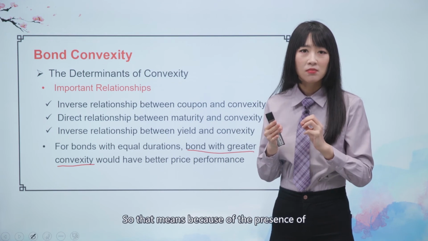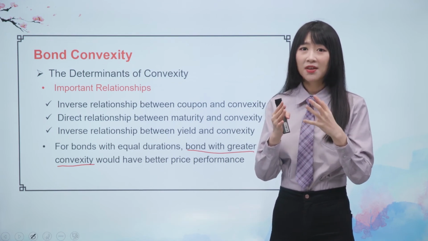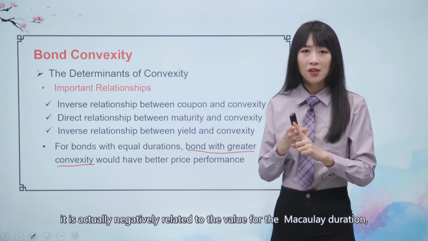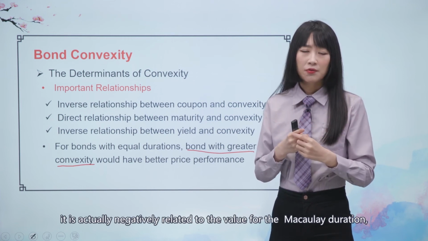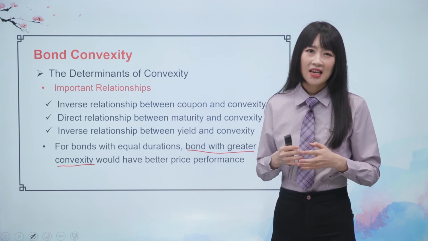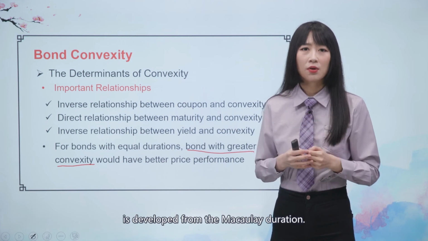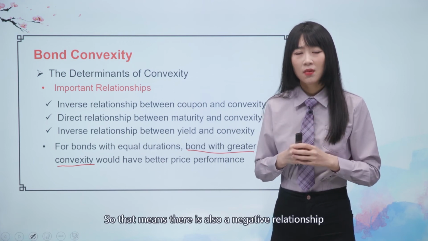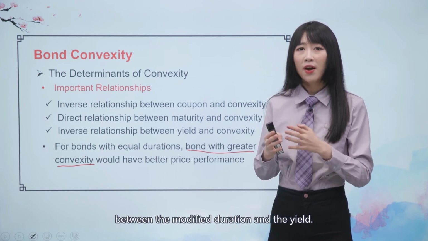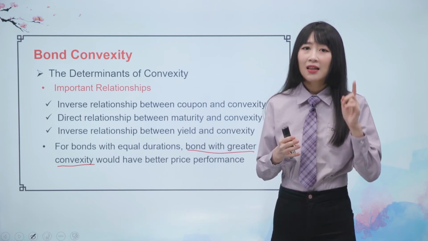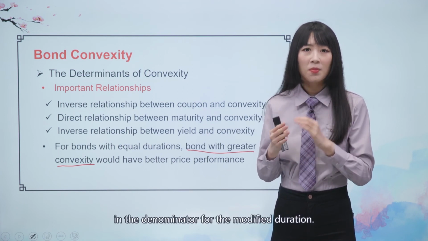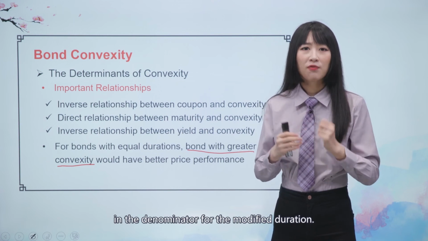So that means because of the presence of yield, it is actually negatively related to the value for the Macaulay duration. And we know that the modified duration is developed from the Macaulay duration. So there is also a negative relationship between the modified duration and the yield, let alone the yield in the denominator for the modified duration.